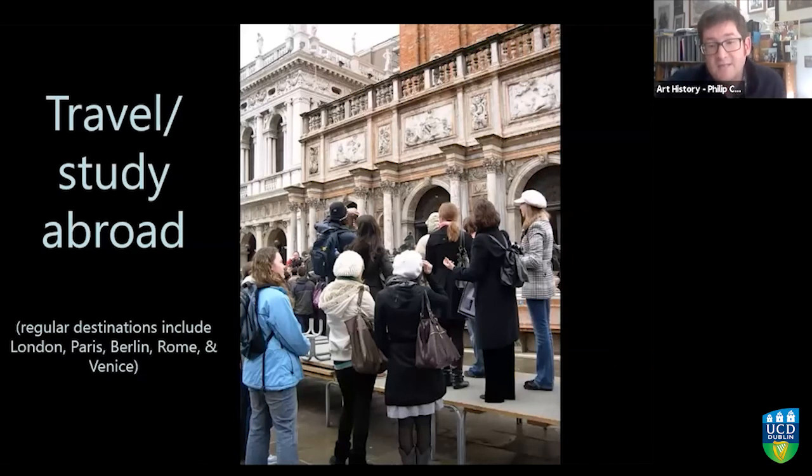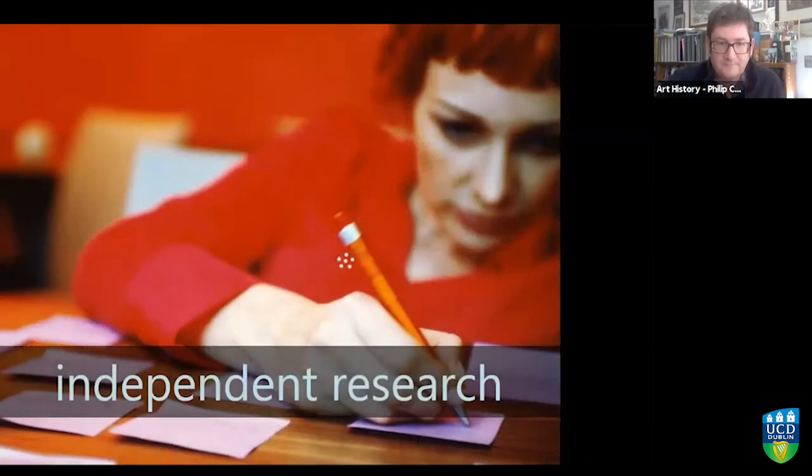Many of the cities that we often visit include London, Paris, Berlin, Rome, and Venice. So there is a cosmopolitan, international aspect to this subject. It's a very important facet of what we do, looking at works of art in the original, in sometimes rather exotic locations.